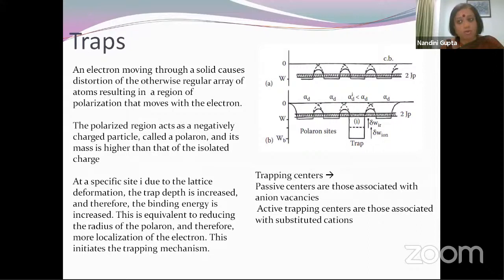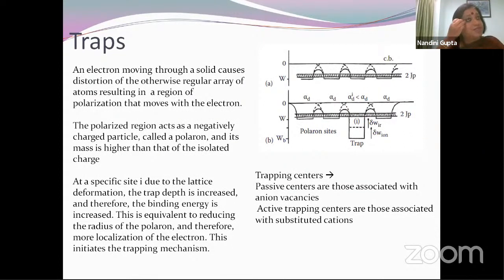Now, what might also happen because of defects, because of impurities, there might be in the lattice several vacancies which have trapped energies, which are not as low as that of the valence band, but lower than the conduction band. So when I say an electron is trapped, what it means is that the electron gives up some amount of energy and it arrives at an energy level which may be very close to the conduction band, just below the conduction band.